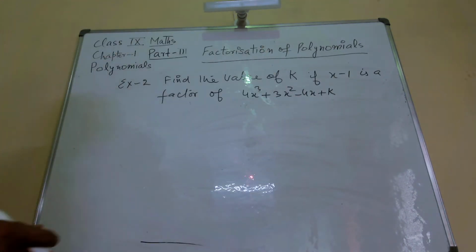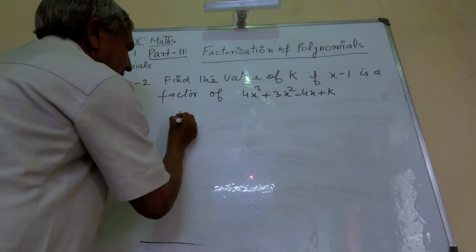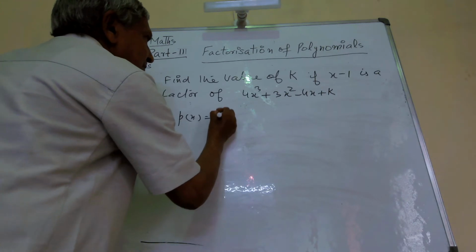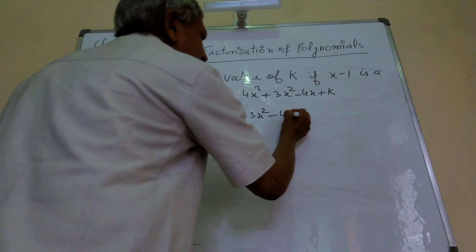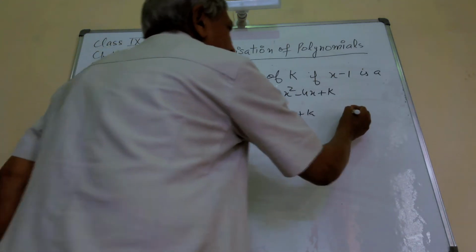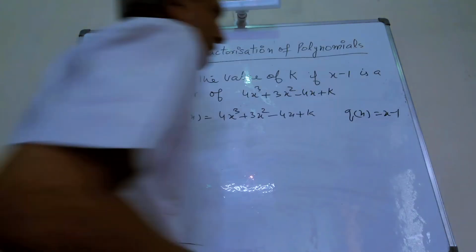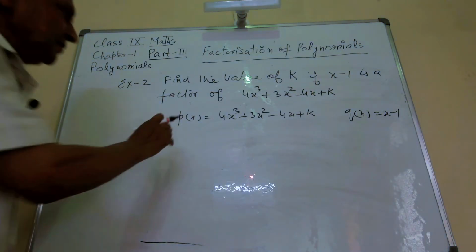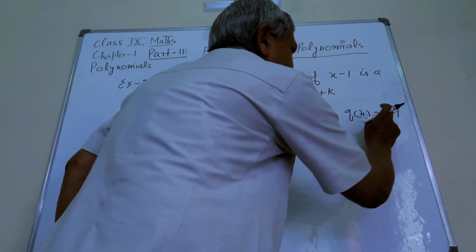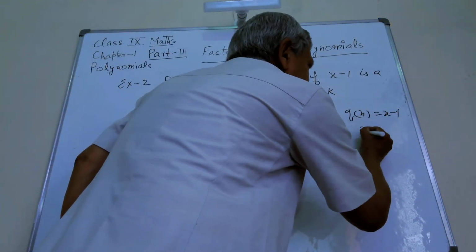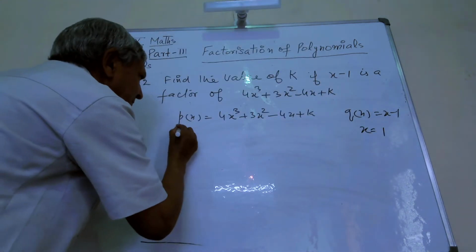Here also there are two polynomials: p(x) is 4x cube plus 3x square minus 4x plus k, and the second polynomial q(x) is equal to x minus 1. From the statement, write down these two polynomials, find the value of the variable from q(x), x is equal to 1, and put this value in p(x).